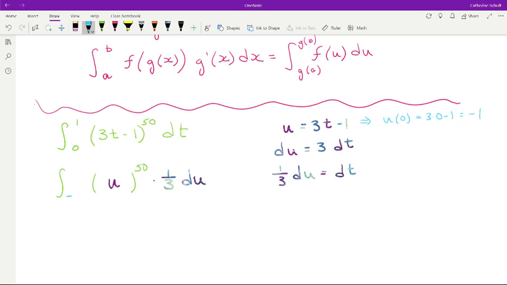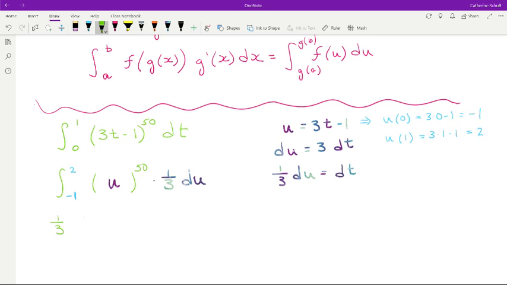So the lower limit of integration is going to be negative 1. And then if we plug in a 1 for t, the new u will be 3 minus 1, which is 2. So now the new limits of integration are negative 1 to 2. Okay, and now everything is in terms of u, even the limits of integration.